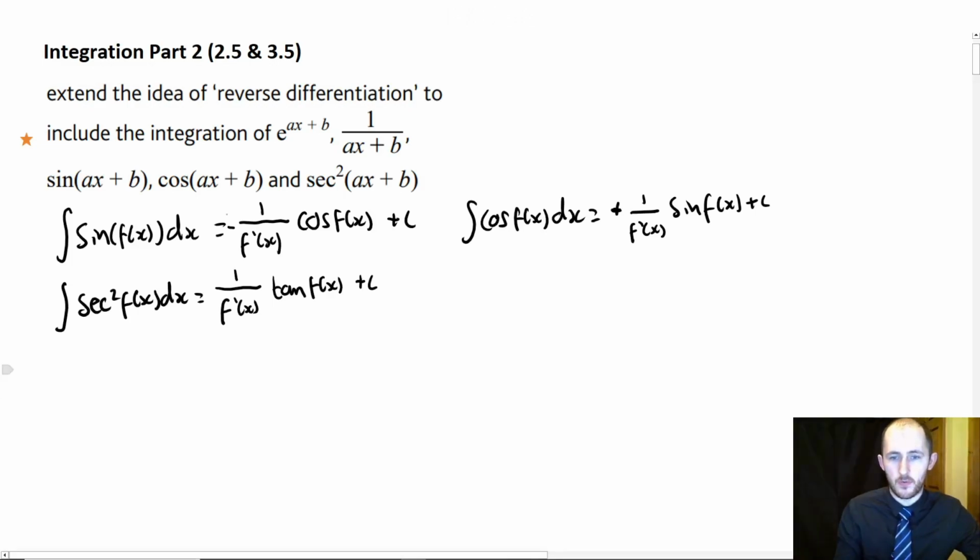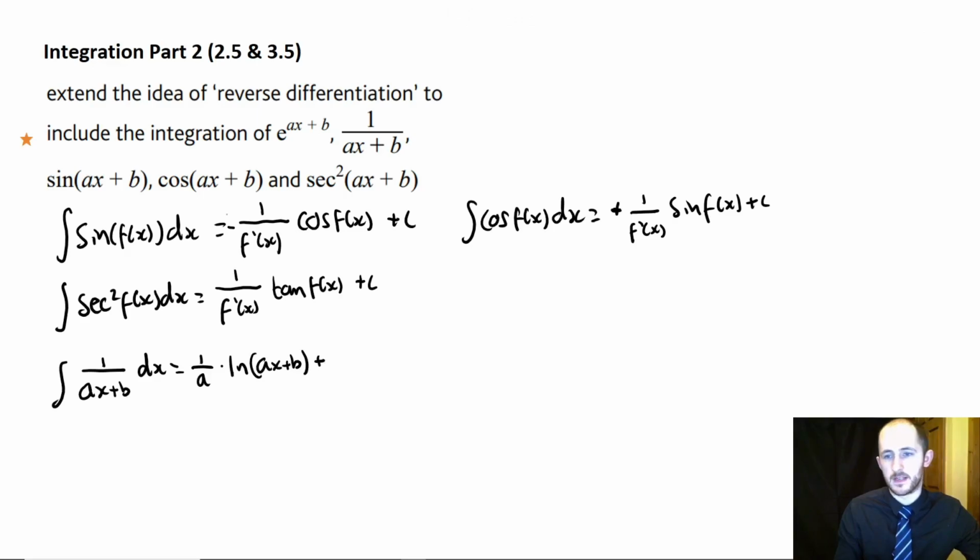And lastly, actually not lastly, we have two more that we have to do. We have the integral of 1 over ax plus b, which we have used in a previous video if you remember rightly, but all that would equal is 1 over a times ln of ax plus b, and then obviously the plus c as well.